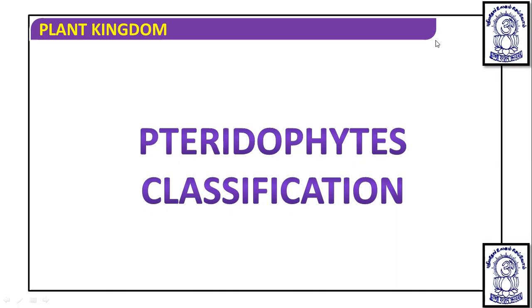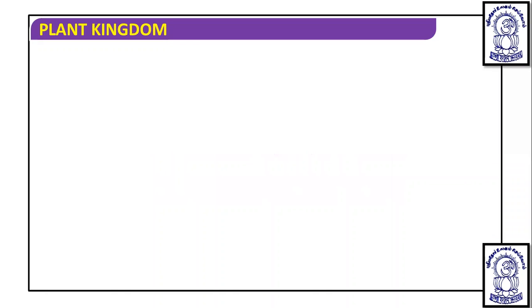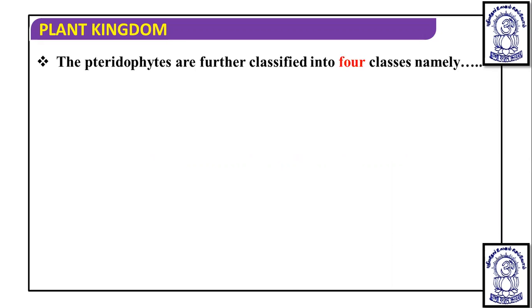When we talk about the classification of pteridophytes, they are classified into four classes mainly. The first class is known as Psilopsida, and the example which belongs to this class is Psilotum.